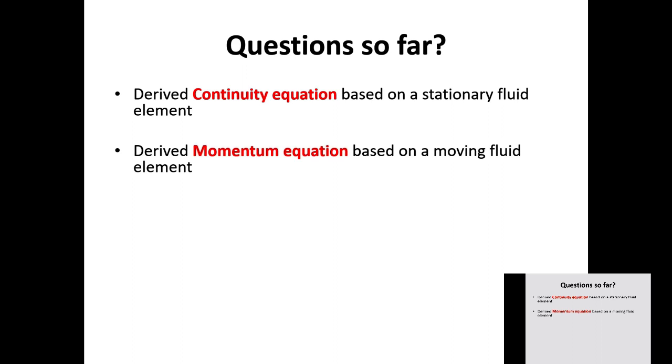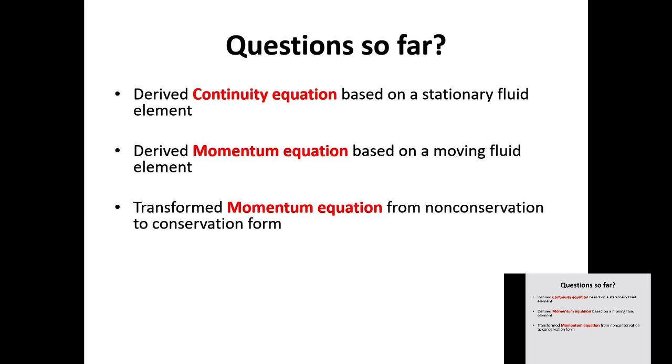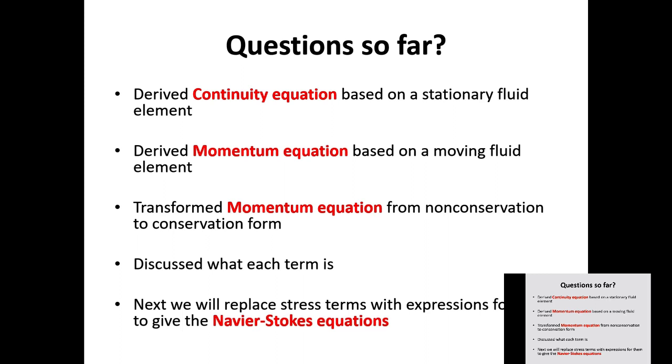Okay. So we derived these equations based on a stationary fluid element, and the momentum equation we derived based on a moving fluid element, and we transformed that momentum equation from non-conservation form to the conservation form.